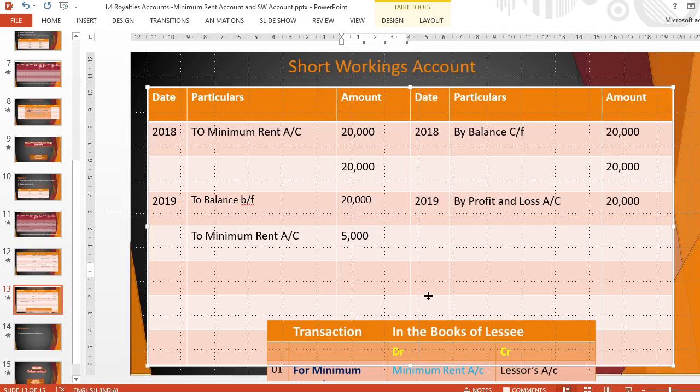So I'll close the books of accounts. Here the debit side total is 25,000 and on the credit side I'll record 25,000. The difference amount is 25,000 minus 20,000, which is 5,000. This 5,000 represents the balance carried to next year, balance brought forward.